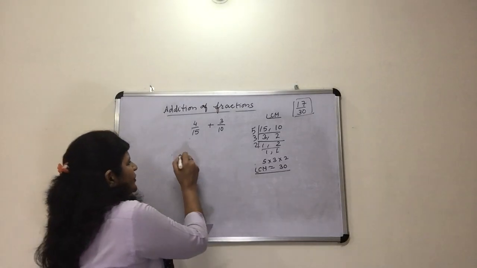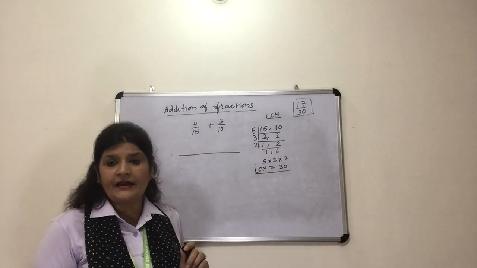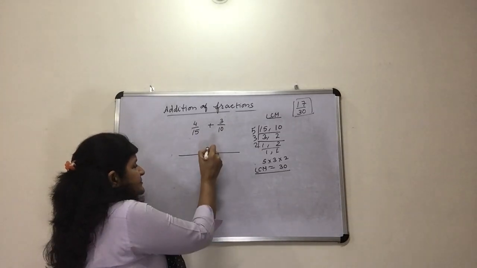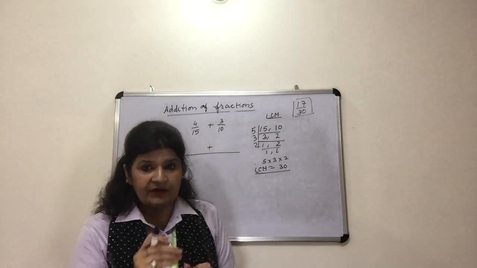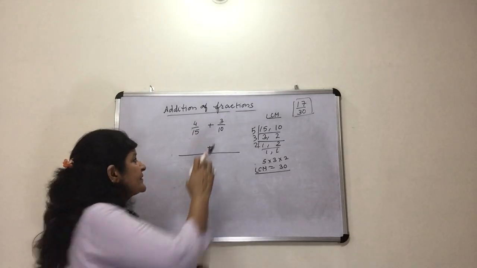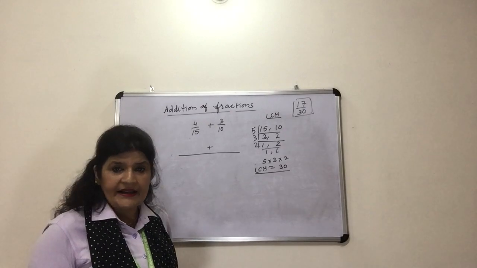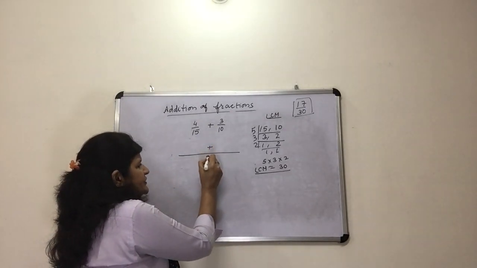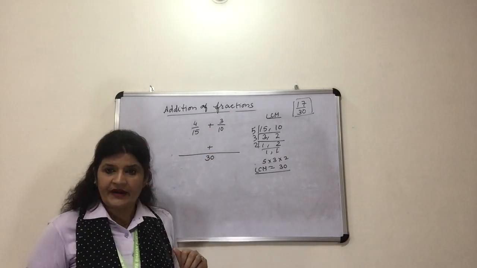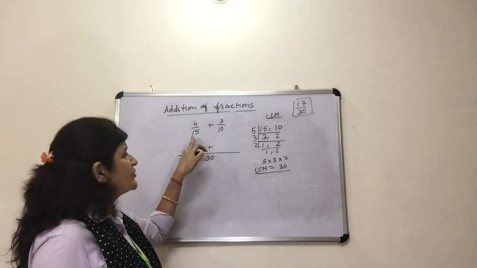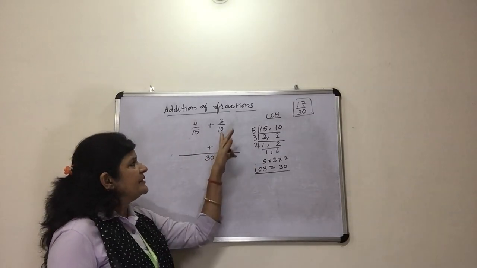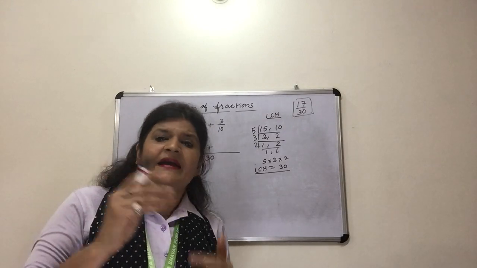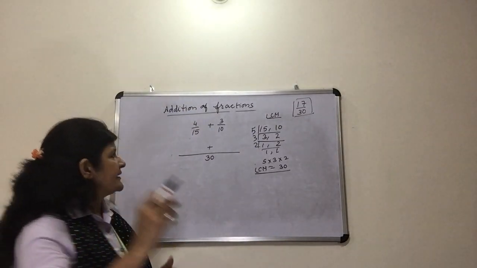Now I am drawing a line just below both these fractions, just below this plus or addition sign. This is how you can do it neatly in your notebook. Below the line you write the LCM. It means this LCM belongs to this fraction also and this LCM belongs to this fraction also.